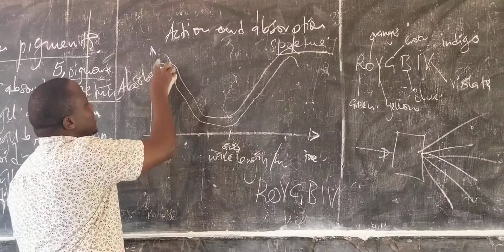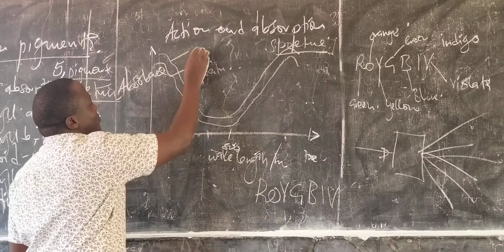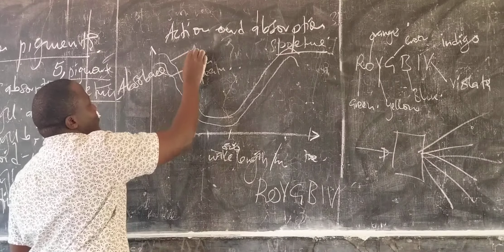When you look at these graphs, this curve that is in one is showing the action spectrum, and this one outside is showing the absorption spectrum. I will explain why. I want to mention that the absorption spectrum is presented very low down here.